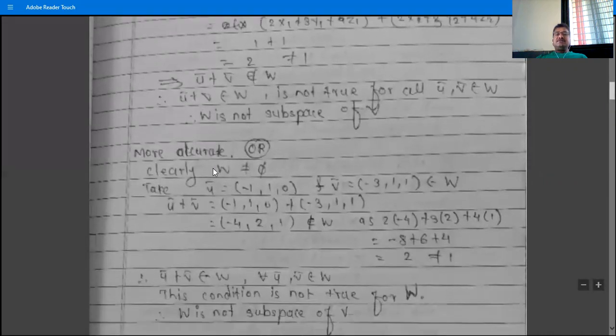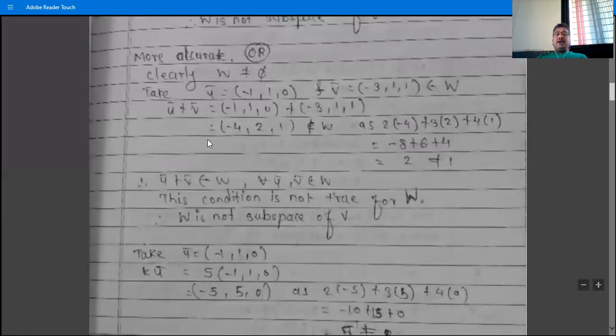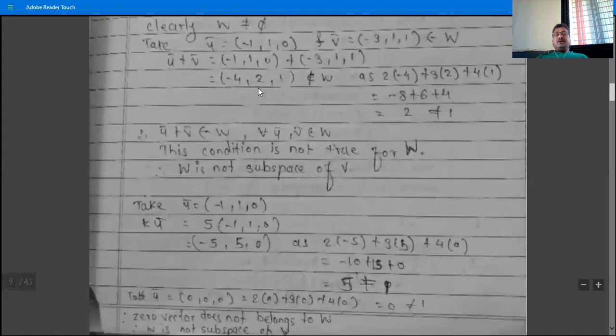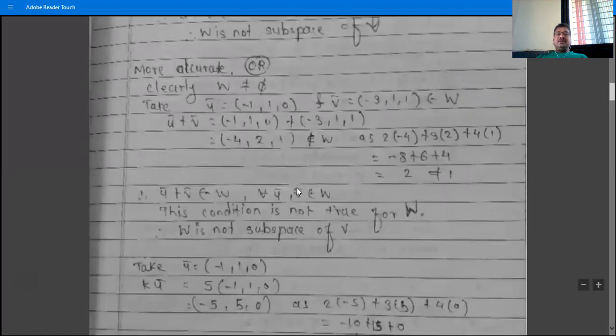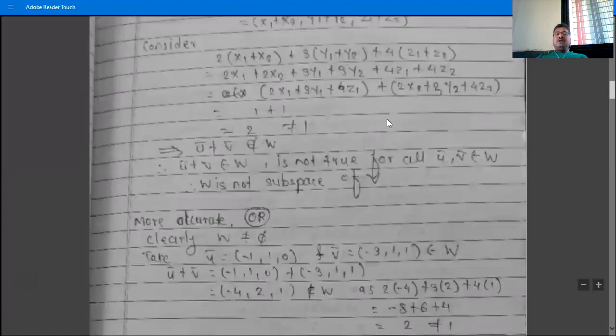This is the counterexample for addition. In some examples, both conditions fail. That is, the addition of two elements of W does not belong to W, and this condition also fails: some element of W and some scalar, their multiplication does not belong to W. So in this example, both conditions fail.